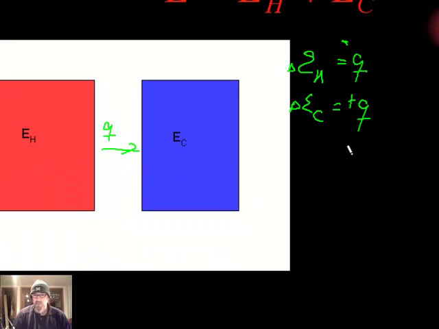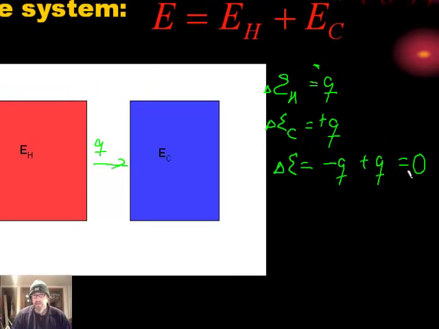But the energy that flows between them, if this is all well insulated and there aren't any losses, is the same number. So the change in energy for the whole system is minus Q plus Q, which is 0. So that doesn't violate the first law of thermodynamics. The total amount of energy change is zero for the whole system.